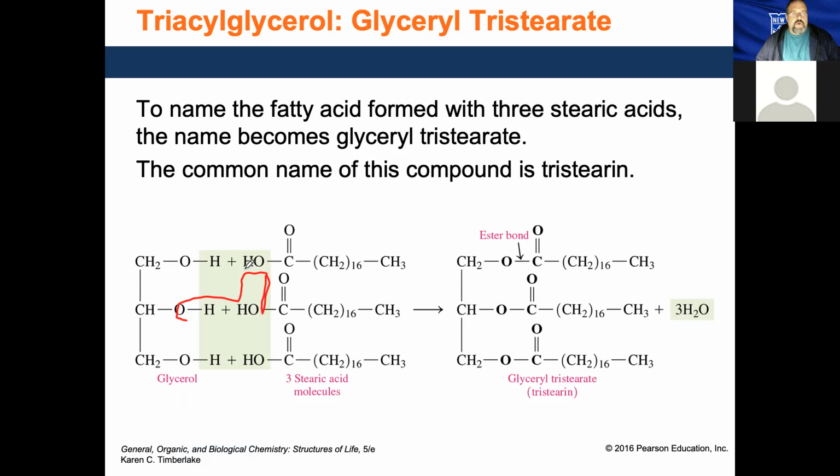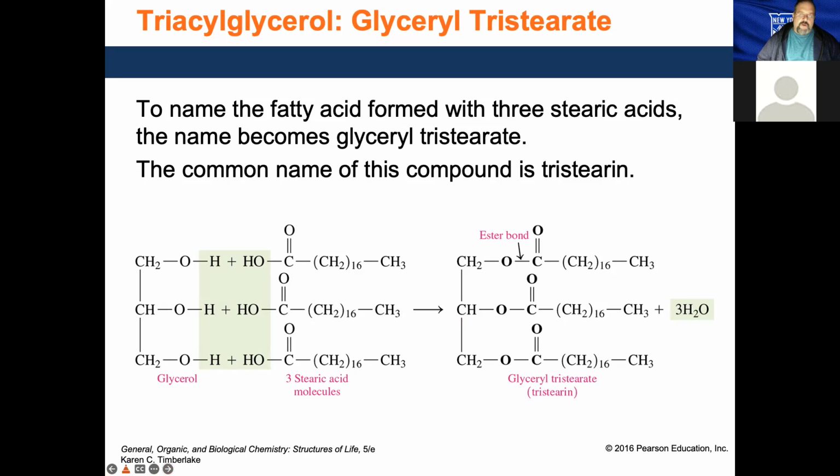All right. So a little bit about some of the names of the triacylglycerols. With the fatty acids, you're going to have to memorize them. They have a chart in the textbook, so you'll have to remember what their structures look like. The glycerol part becomes glyceryl.